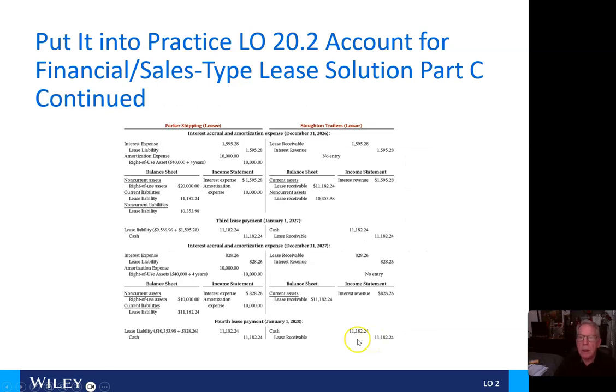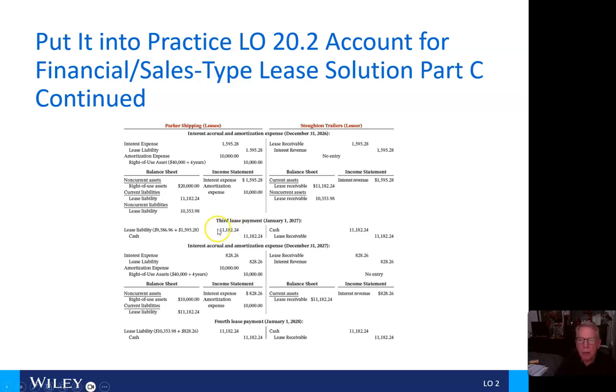Okay. Now, if we look at Parker Shipping, now the interest expense and lease liability of $1,595.28. The amortization expense of $10,000. We're going to show that on the balance sheet and income statement as shown.